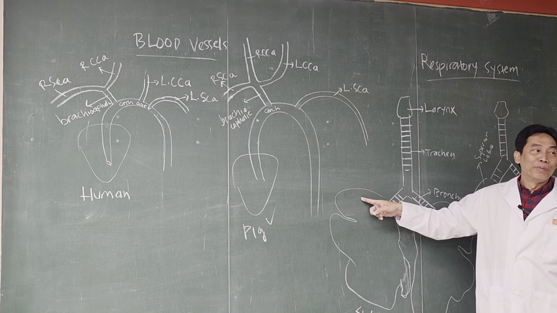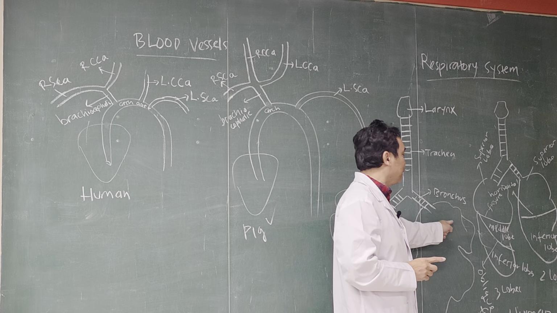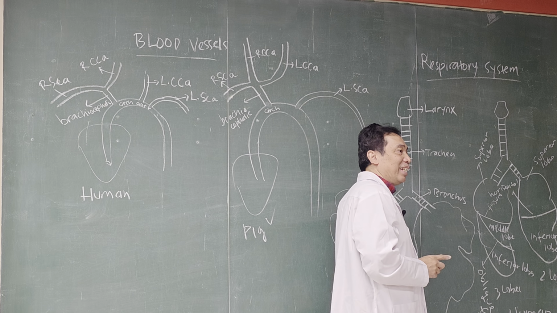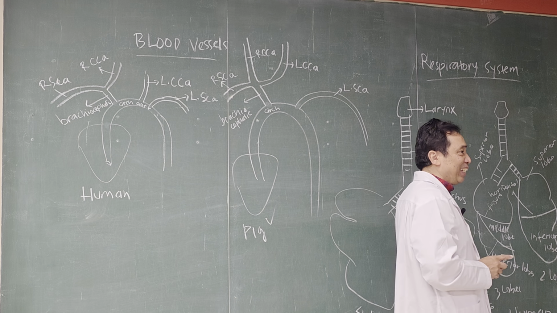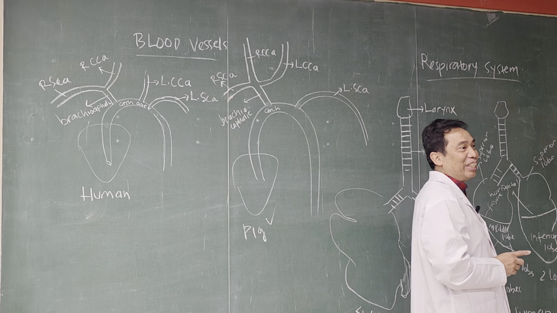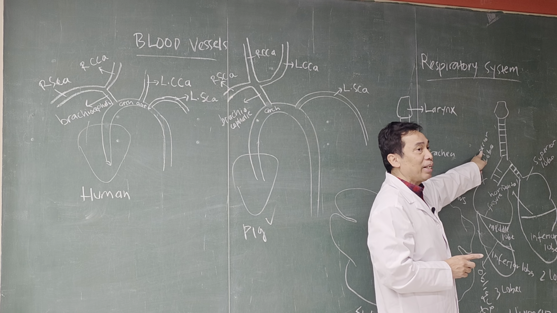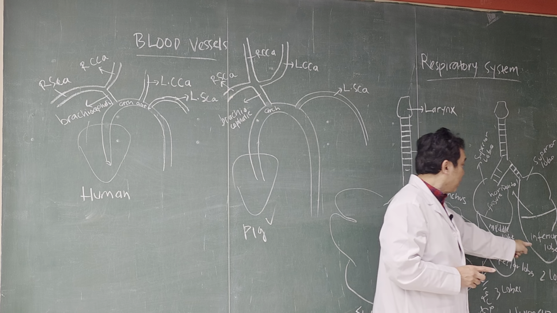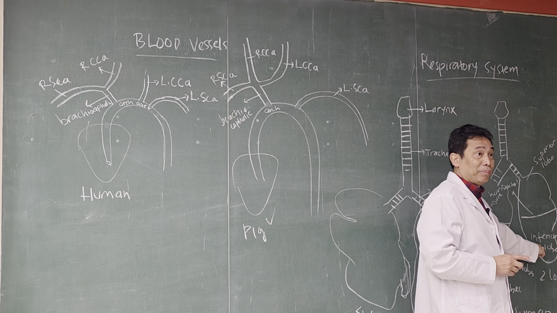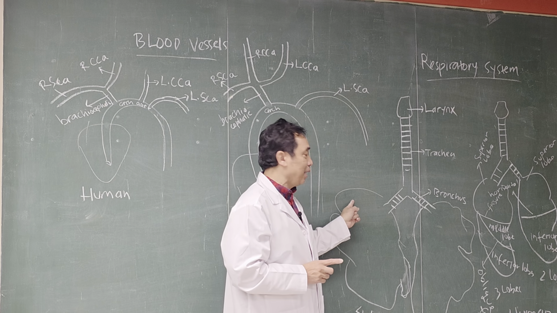What do you call the lobe on the top over here? No, just guessing, I haven't told you yet. Compared to the human, the top one is called the superior lobe, right? The bottom one is called the inferior lobe. You get this one.